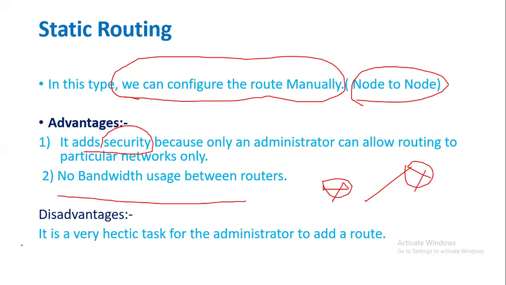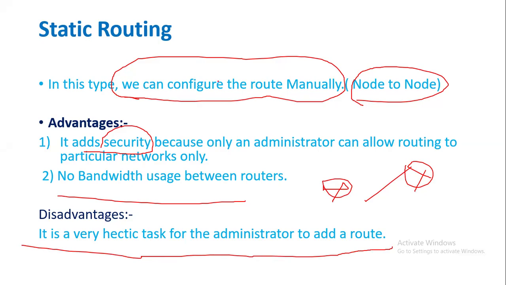And if you have, let's take an example, 10 or 10 plus routers, it is very critical to configure each and every route manually. That's why we have dynamic routing for large networks.